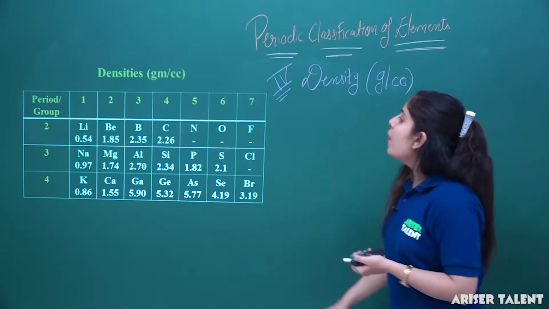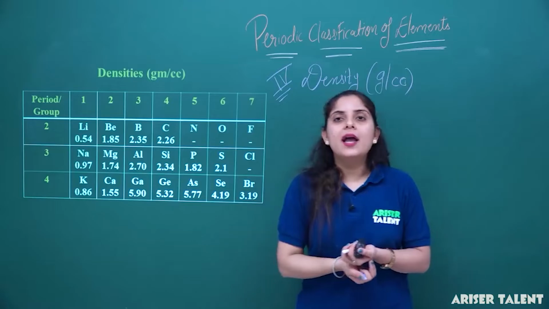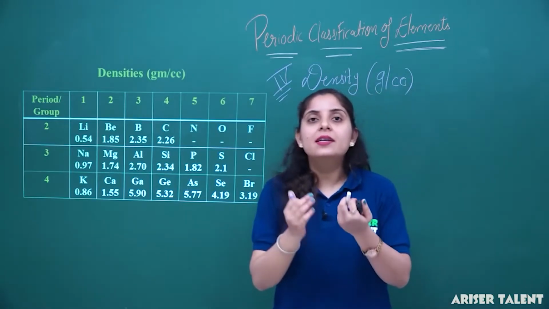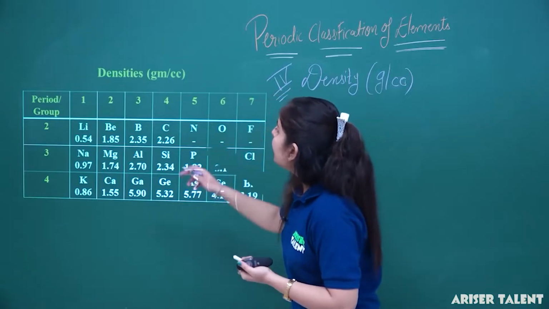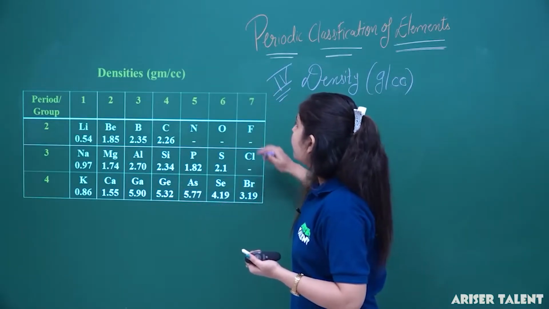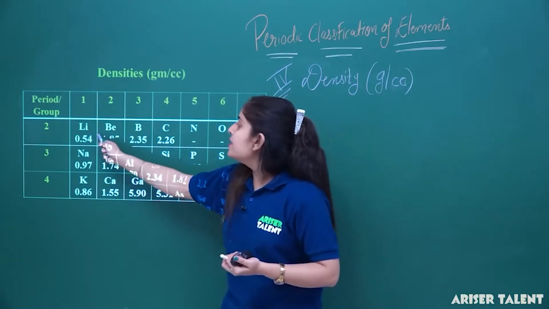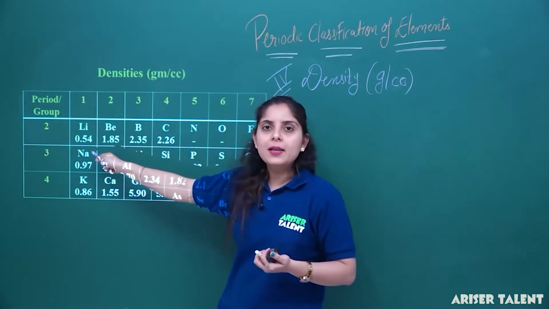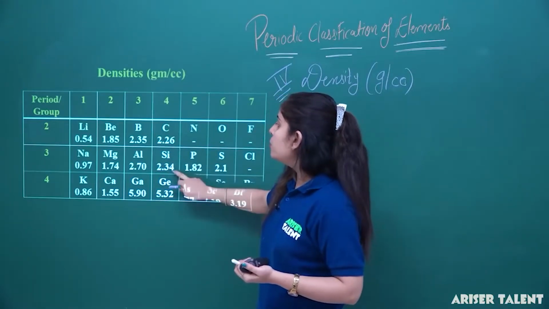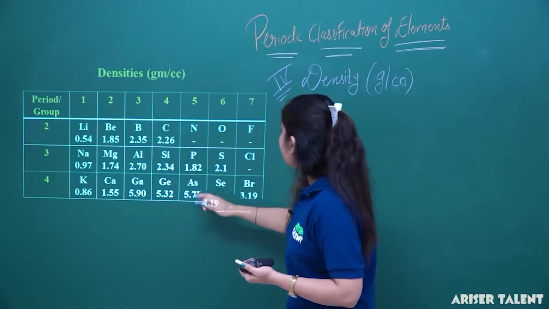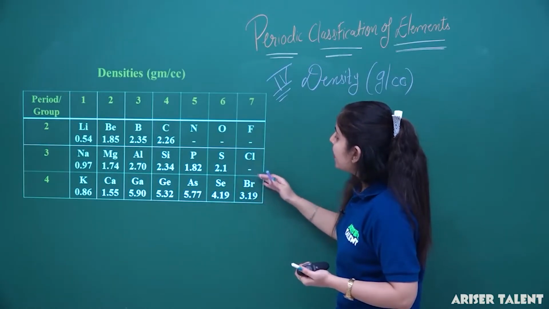Now, what you have observed in case of densities in the periodic table, as we know that as the atomic number increases, the density of a substance is going to increase. So, we can see in the periodic table that if we move from left to right, firstly the density will increase for some of the elements, then it will become constant somewhere around 2.26 and 2.234, and then again it will start to decrease.